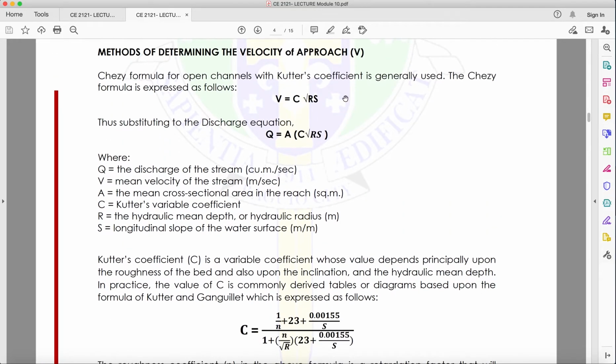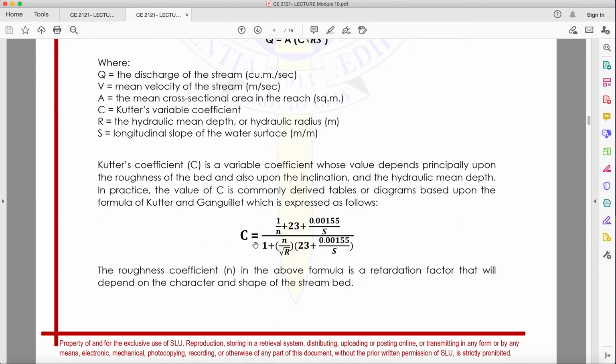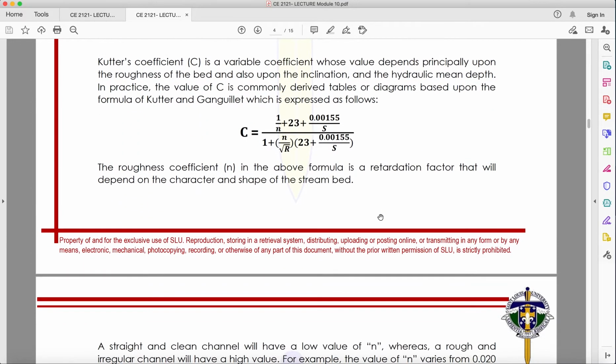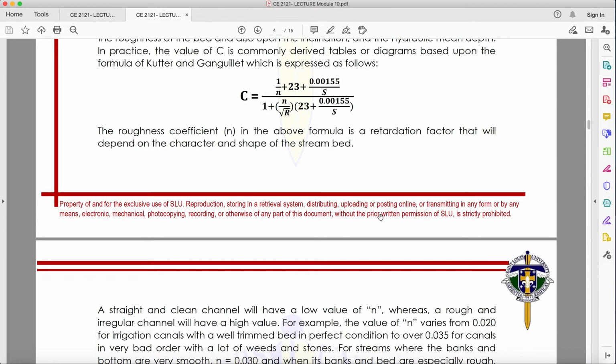These are very important formulas: V, Q, and C. C is equivalent to (1/N + 23 + 0.00155/S) over (1 + N/square root of R times (23 + 0.00155/S)). The roughness coefficient in the above formula is a retardation factor that depends on the character and slope of the stream bed.